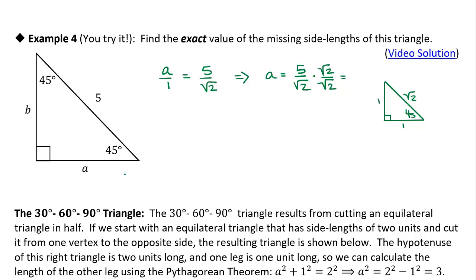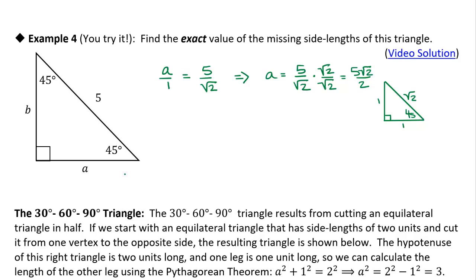So this fraction is equivalent to 5 square root 2 over 2. That would be the fraction with a rational denominator, because now that 2 is no longer an irrational number.